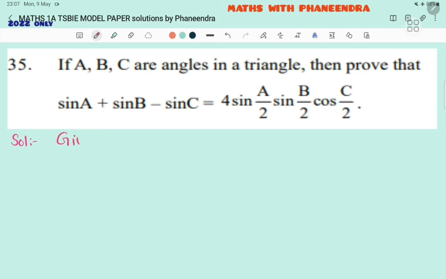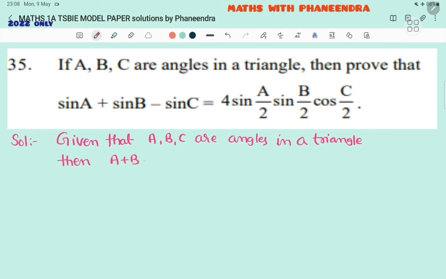Given that A, B, C are angles of a triangle, means angles in a triangle. Then A plus B plus C is equal to 180 or pi.